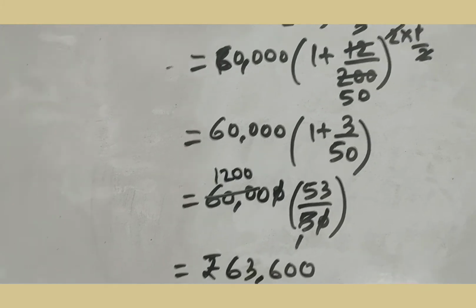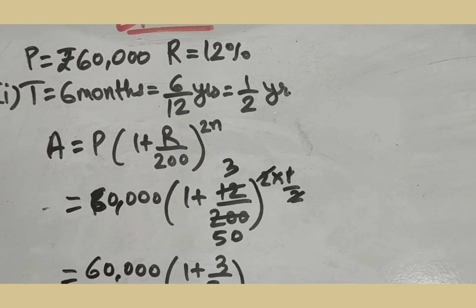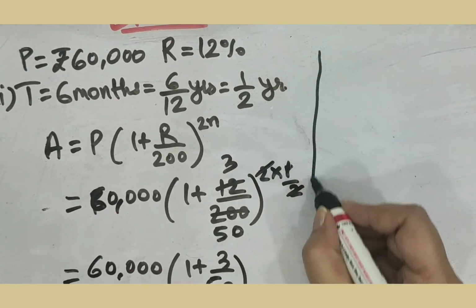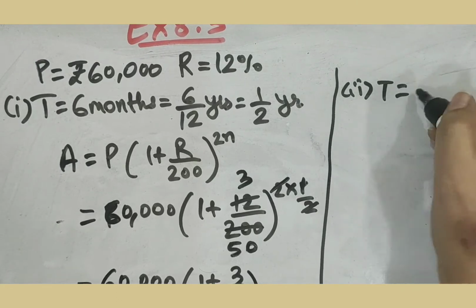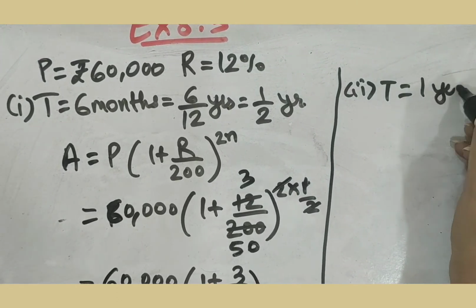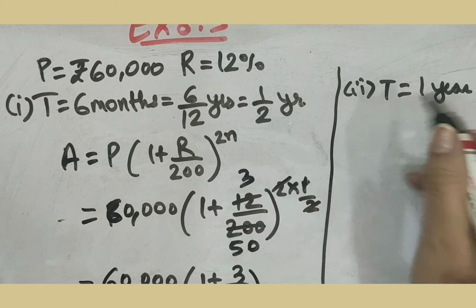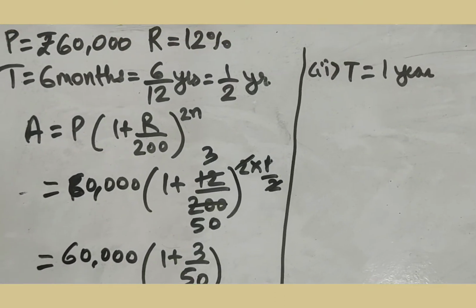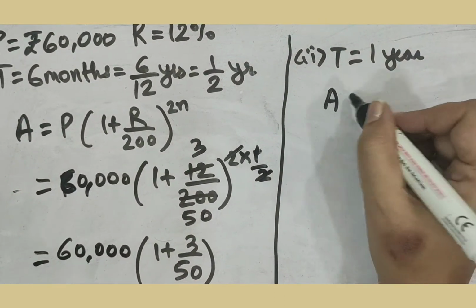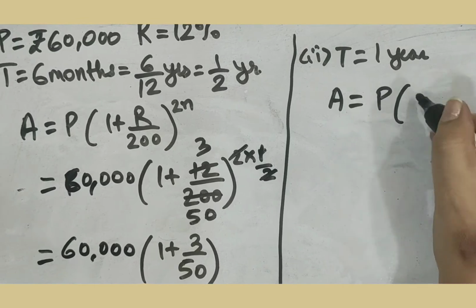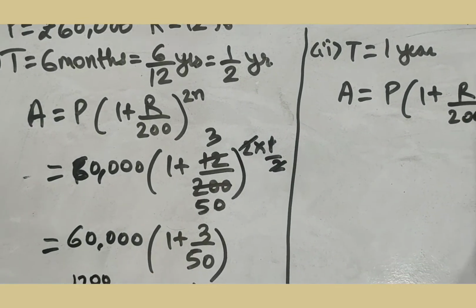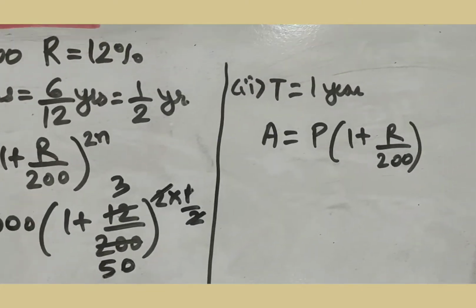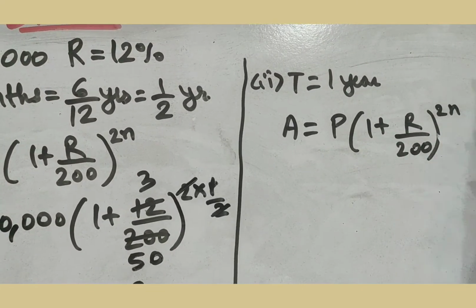Now let us calculate for 1 year. So for 1 year, second, my time is 1 year. So amount will be equal to P into 1 plus R upon 200 whole raised to 2n.